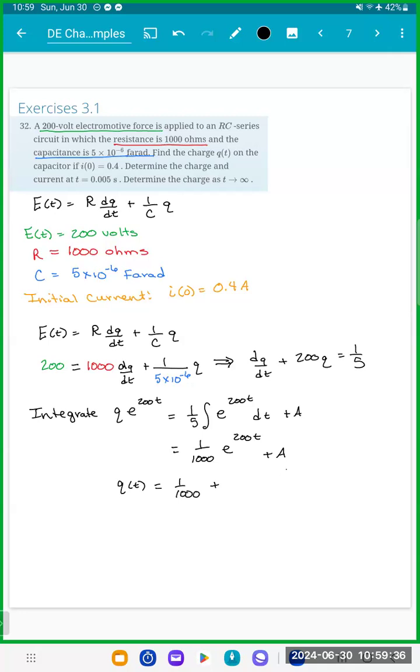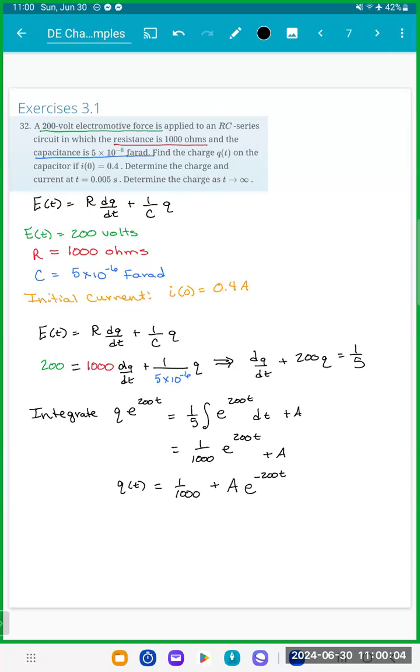I'm going to bring it from the denominator up into the numerator. And so that'll give me a e to the negative 200t versus a over e to the positive 200t, right? So I'm just moving that up. And when you move it across between the numerator and denominator, rules of exponents tells us that we just change the sign of the exponent.